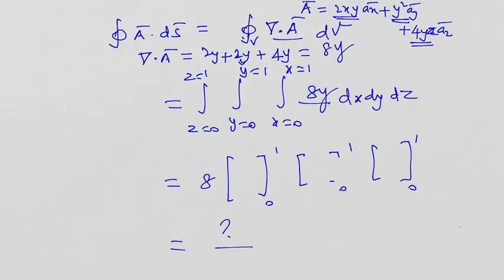So when it becomes the volume integration of del dot A into dv, dv is replaced by dx, dy, dz according to the volume definition in Cartesian coordinate system.